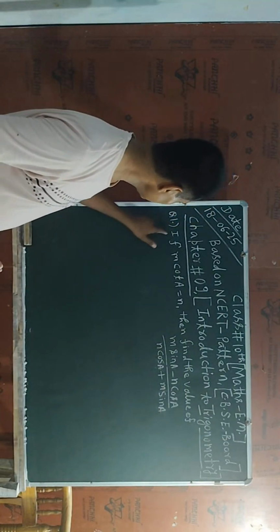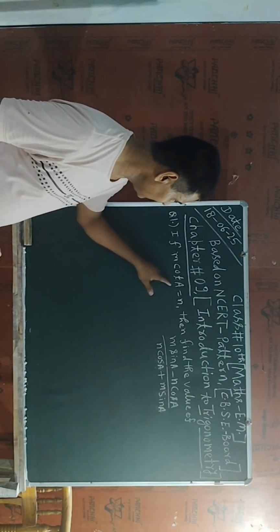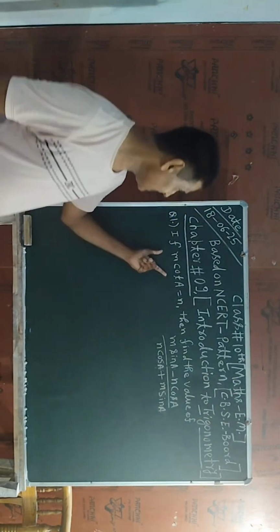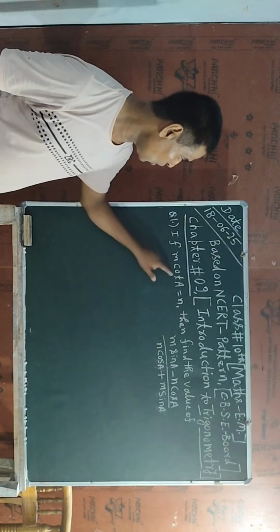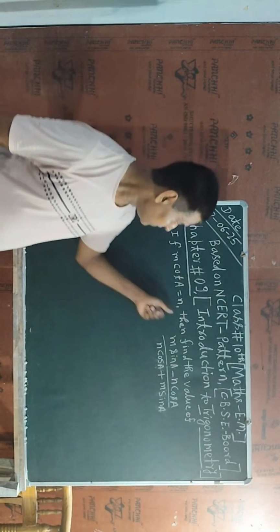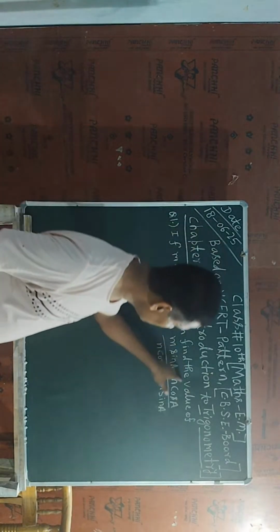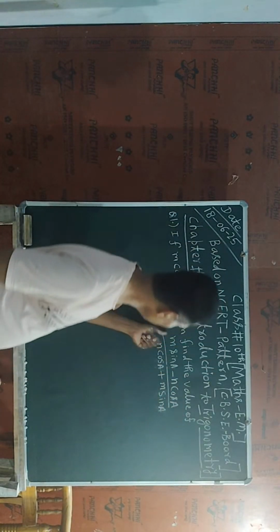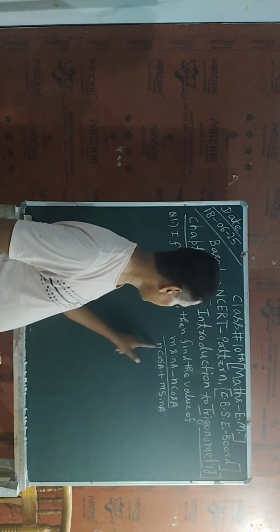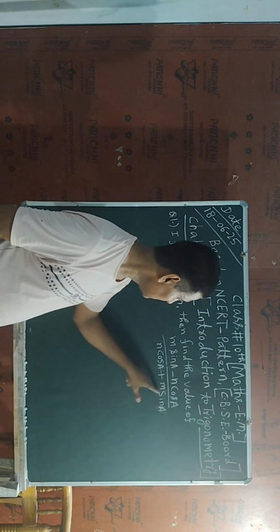First of all, here m cot A is equal to n, that is given here. This is the assumption. Then find the value of (m sin A minus n cos A) divided by (n cos A plus m sin A).